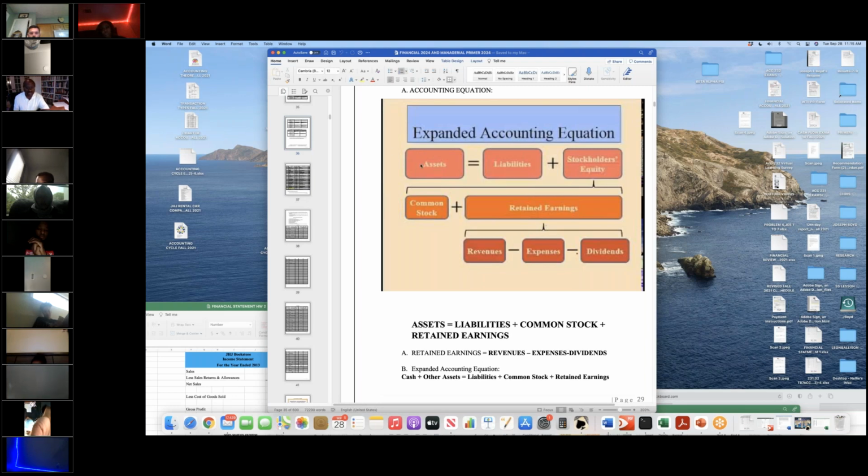Assets have a debit balance. We need retained earnings to have a credit balance. And retained earnings is always revenues minus expenses minus dividends. These are temporary accounts so that we can get the financial statements prepared. Then we close them into retained earnings and make a determination whether that retained earnings is positive or not.